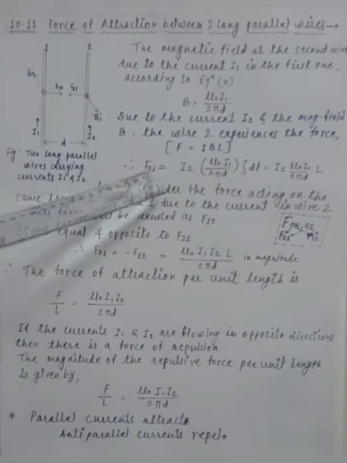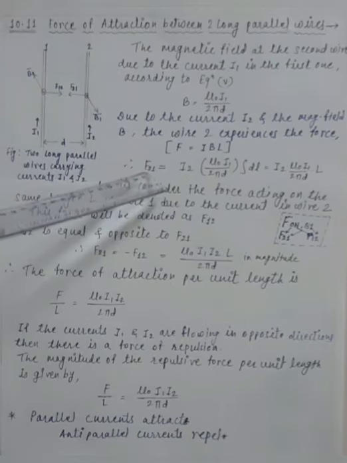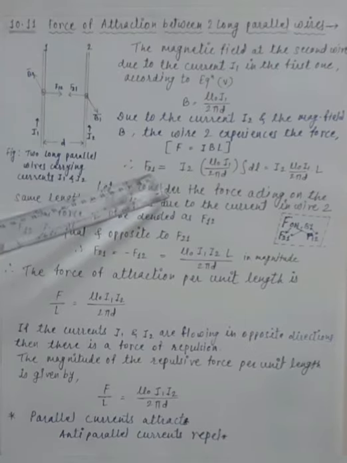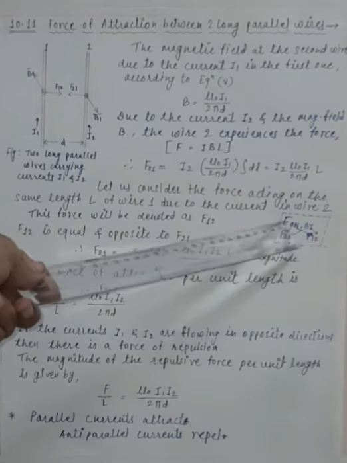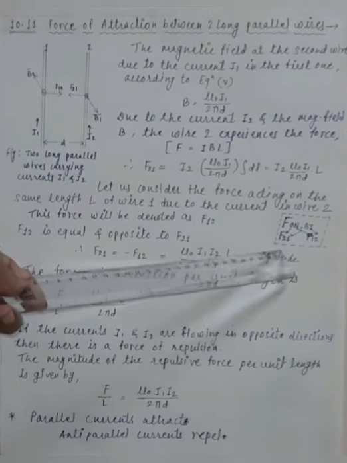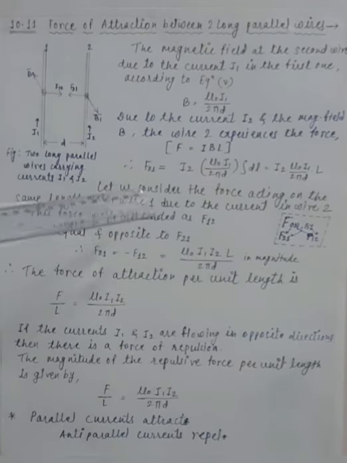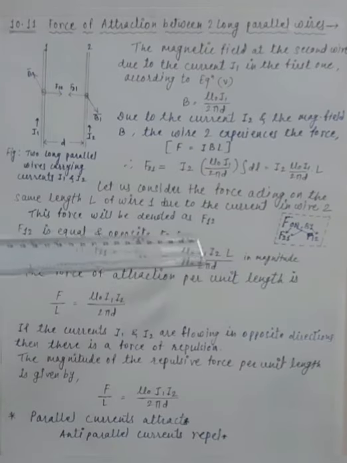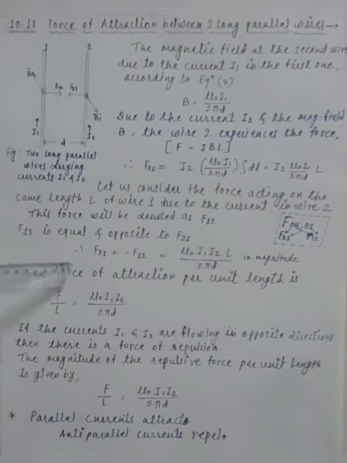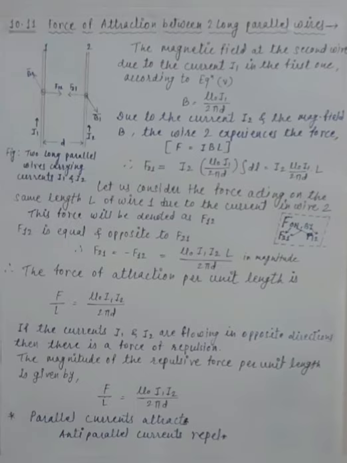Here F21 means force acting on second conductor by first conductor. In this manner, you can remember F12 or F21. The first number indicates on the conductor and second number indicates by the conductor.